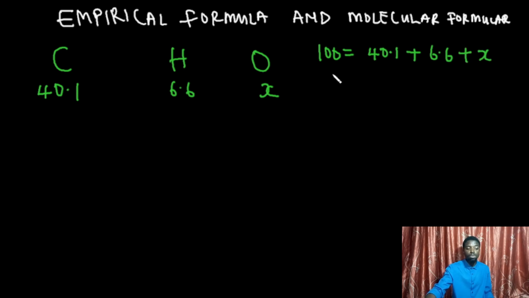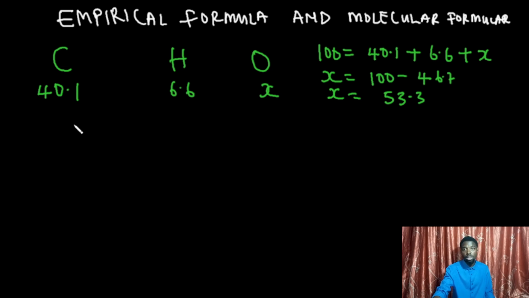So applying algebra here, the percentage of oxygen, x, will be gotten by subtracting that of hydrogen and carbon from 100, which is 46.7. And if we do that, x is going to be equal to 53.3.